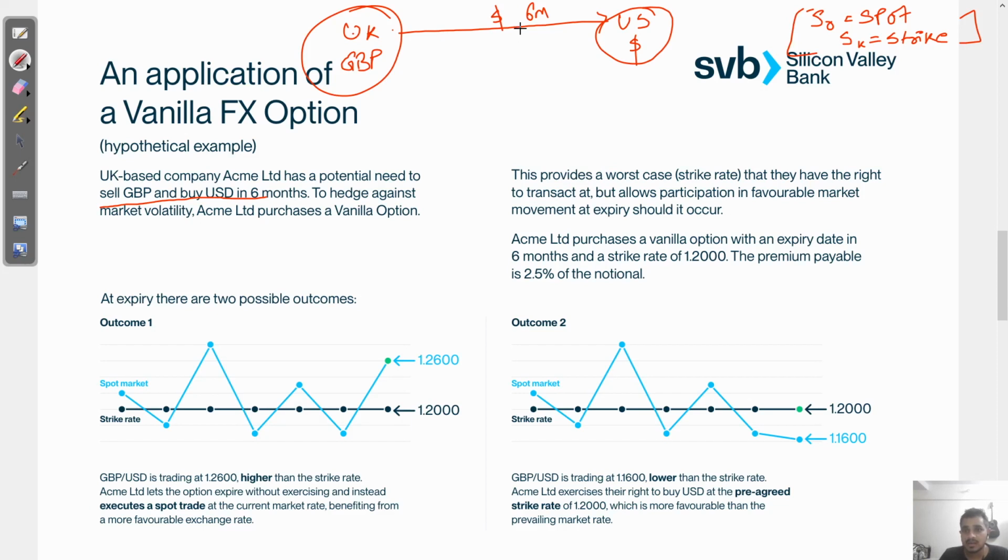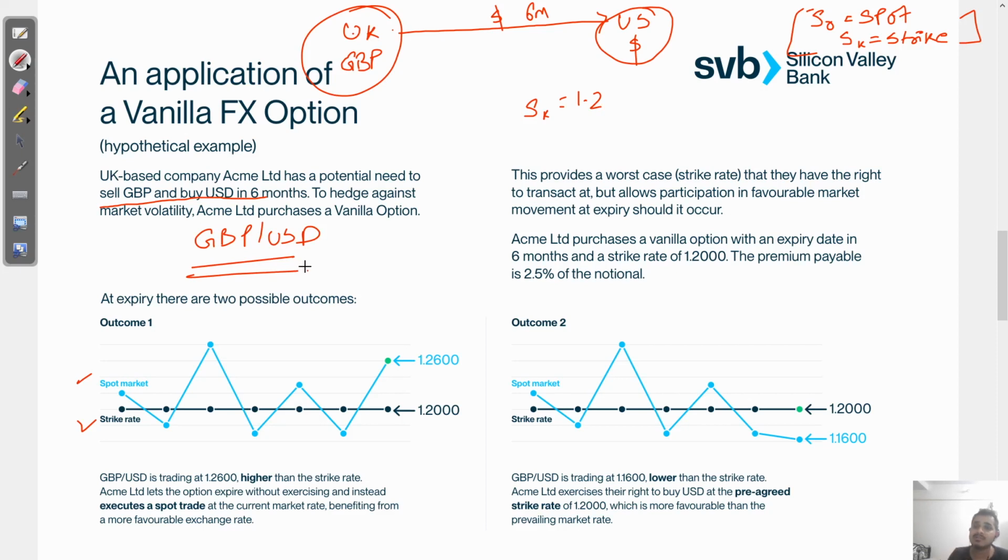So let's get into the spot and the strike. GBP USD is trading at 1.6. We have taken the strike rate as 1.2. And what is the currency pair? The currency pair is GBP USD.